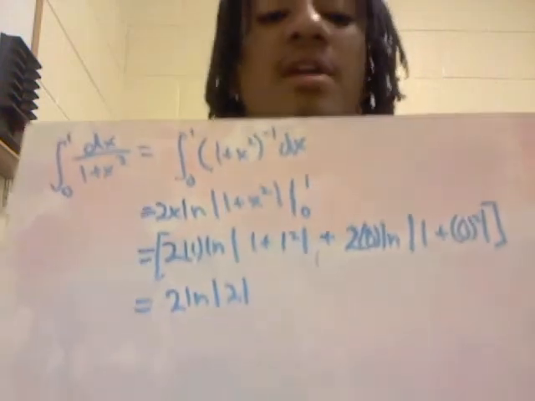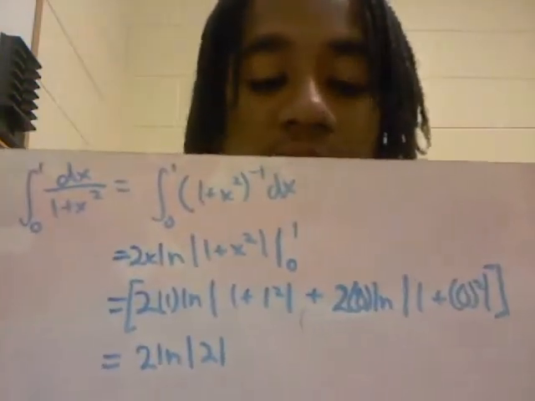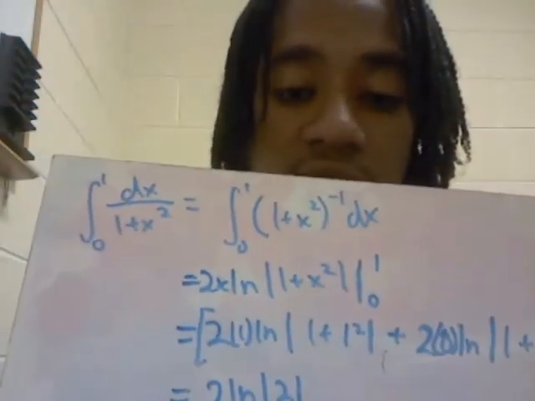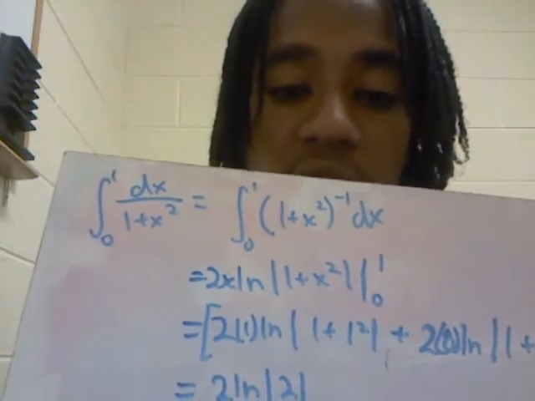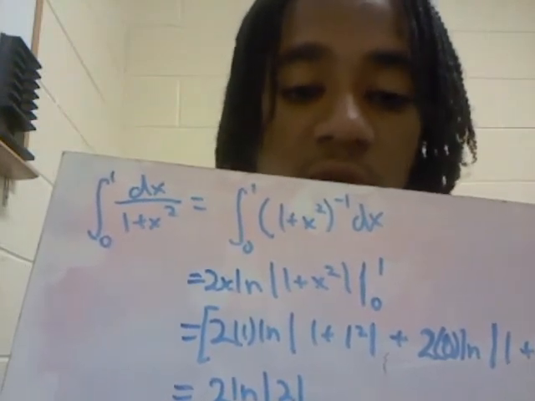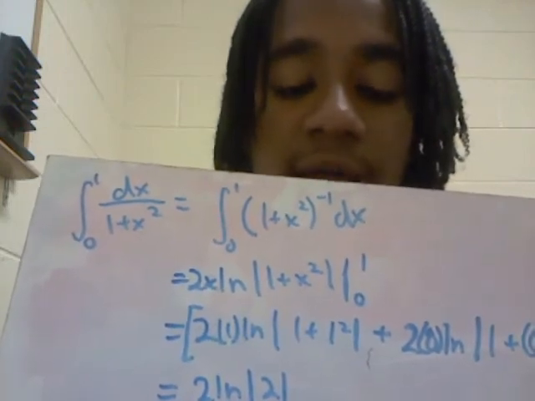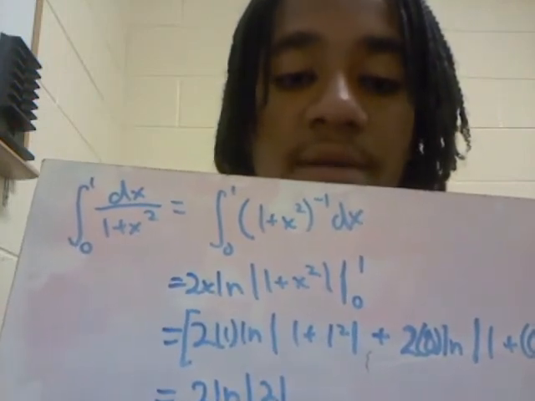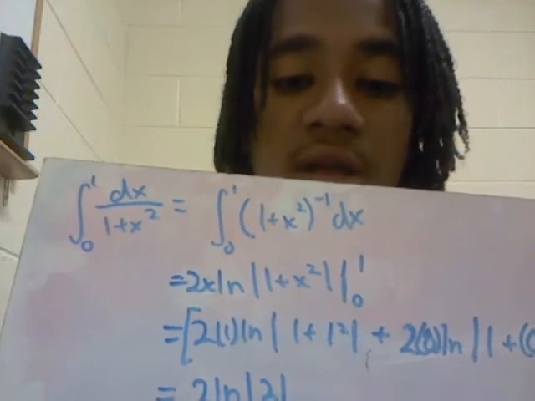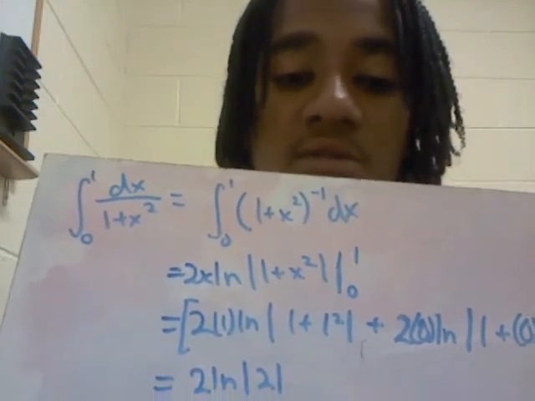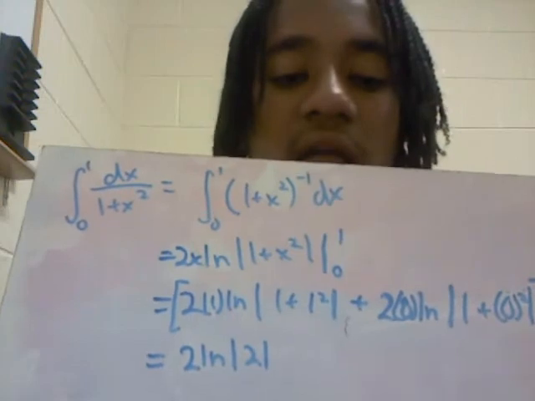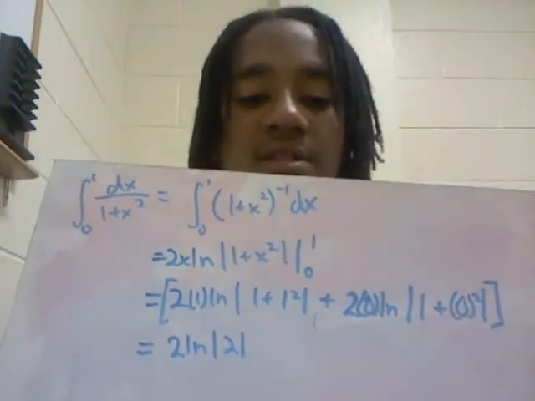Now, I will take the integral, and the derivative of the inside of 1 plus x squared is 2x. So it is 2x times the natural log of the absolute value of 1 plus x squared from 0 to 1. Now you plug in the values of 1 and 0.